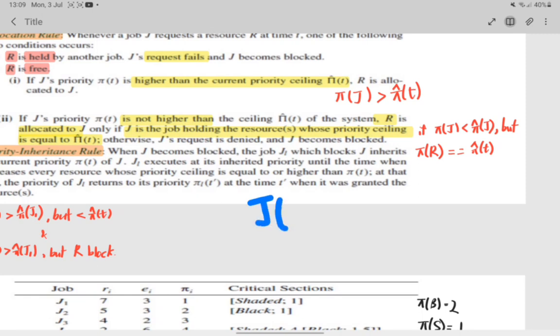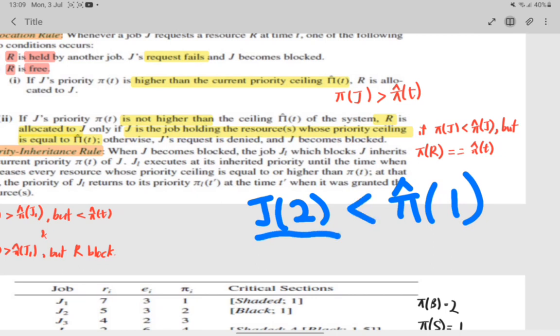Which means now there's a job with a priority of 2, but the current priority ceiling, which is 1, is higher than that. But this job will be allocated the resource if the job is currently holding a resource.